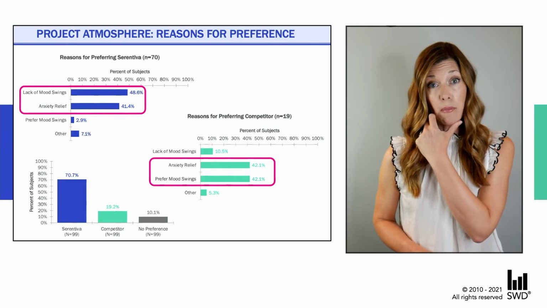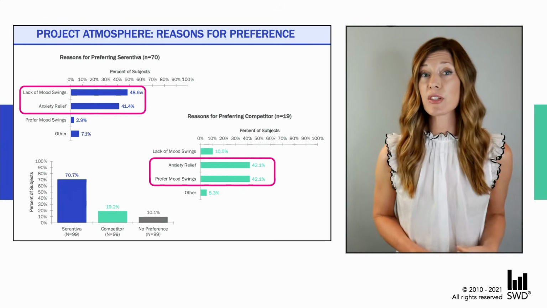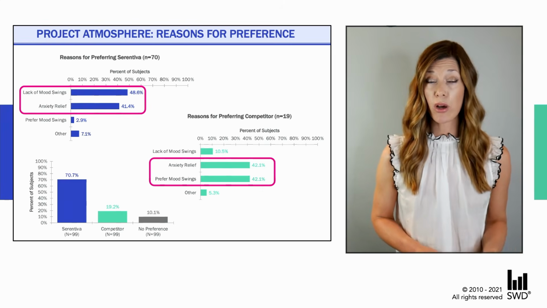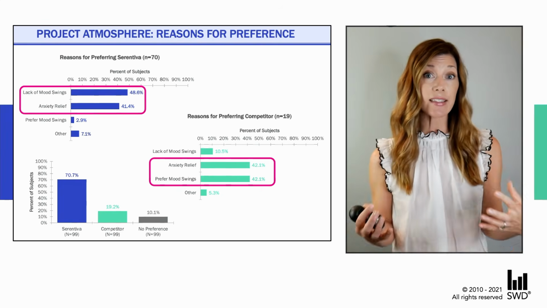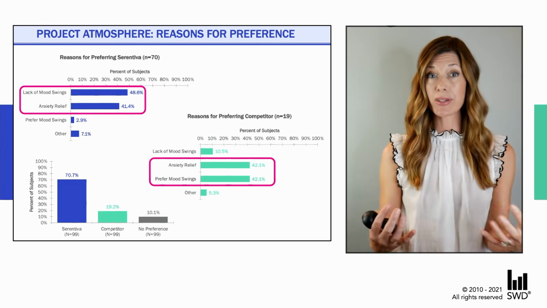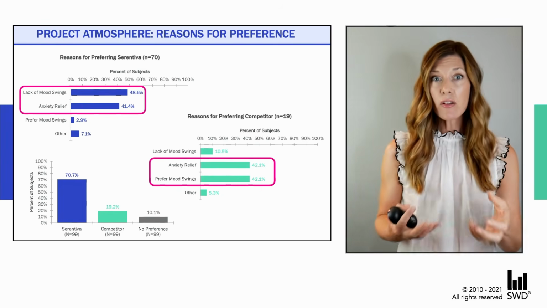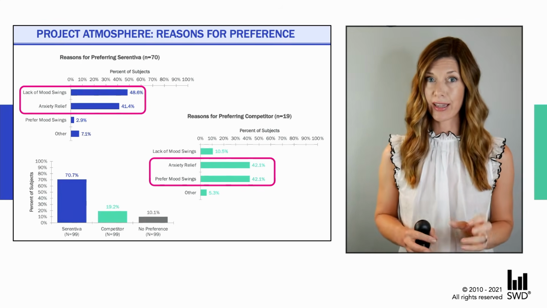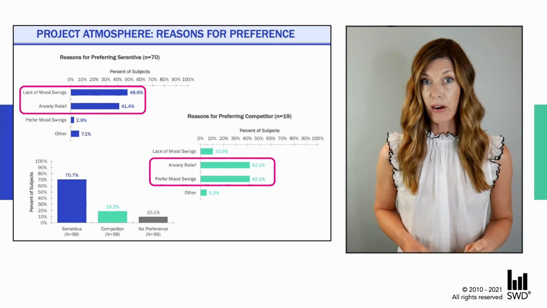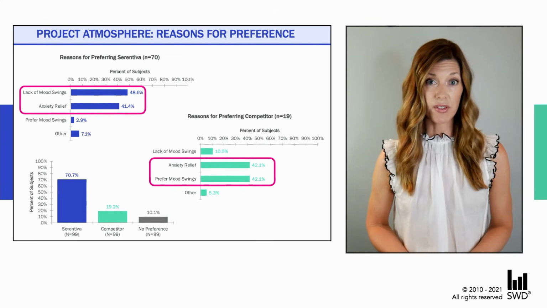On the bottom right are those who expressed preference for the competitor product, with 19 people in that group. So now, if I take these numbers into account together with the percents, it's a little bit different story or takeaway than I originally articulated. So that's something we'll want to revisit.